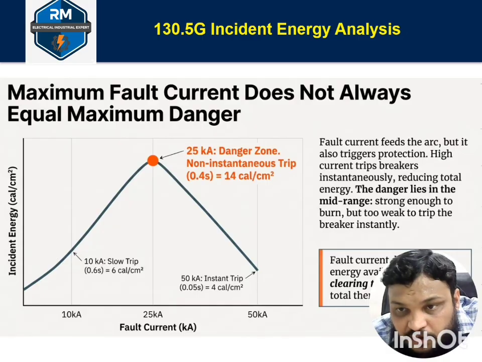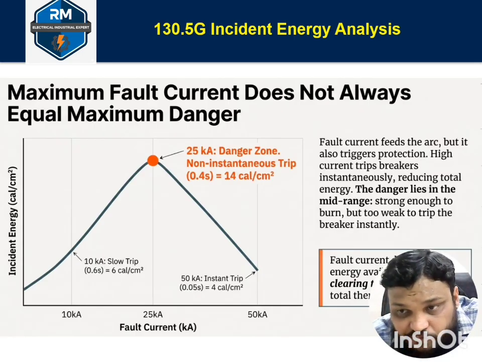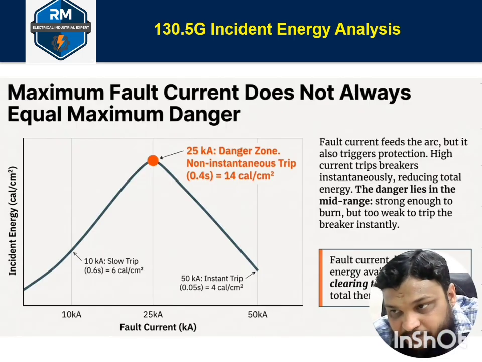Look at the peak point of the curve, that is 25 kiloampere. At that point the current is 25 kiloampere, but the clearance time is 0.4 seconds. So it is a dangerous zone, and the incident energy increases to 14 calories per centimeter square. So it is clear that as the fault current increases and the relay operating time remains constant, the incident energy always increases.